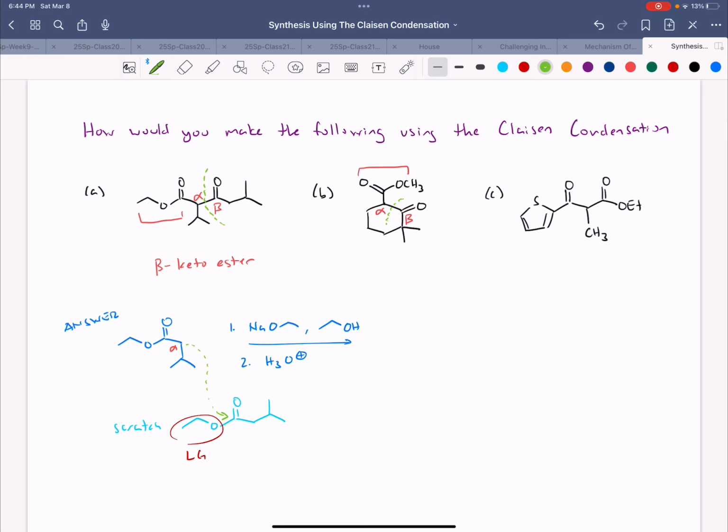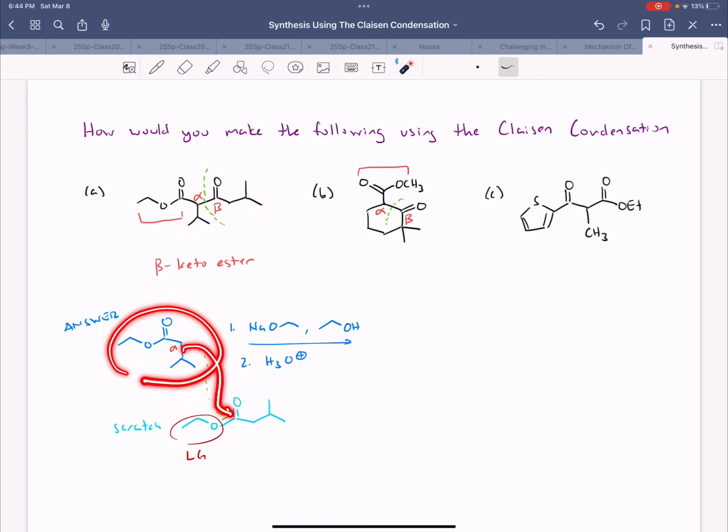So this one's kind of an interesting dilemma, because it looks like, when I cut here, I have two pieces. And it is easy to see that one piece became the enolate and attacked the other piece to make the target molecule. But when I cut here, I don't have two molecules. I have one molecule that's still connected.